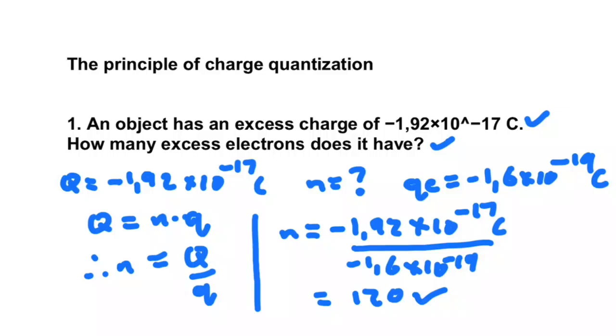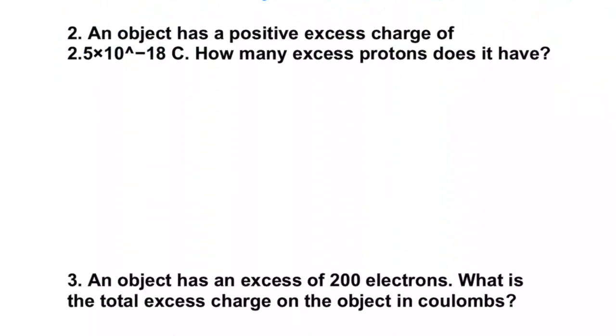Let's take a look at the question that follows. So question 2, an object has a positive excess charge of 2.5 times 10 to the minus 18 coulombs. How many excess protons does it have? We're going to use the same equation, right? We will find the number of protons in excess by saying the charge of the sphere divided by the charge of an electron.